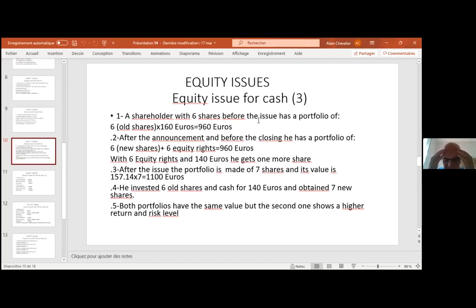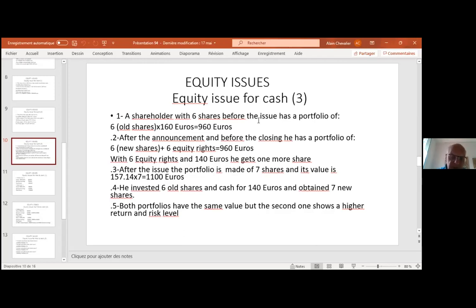He decides to use the equity rights to bring 140 euros, and he gets, of course, 1 more share. At the end, he has 7 shares, with a price of 157.14, as already calculated, which is equal to 1,100 euros.